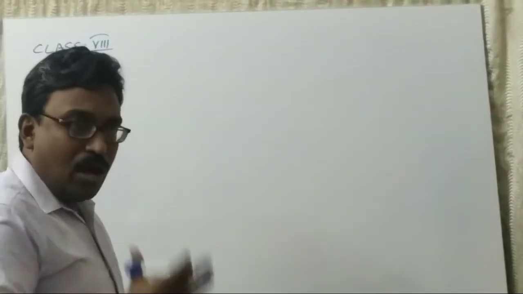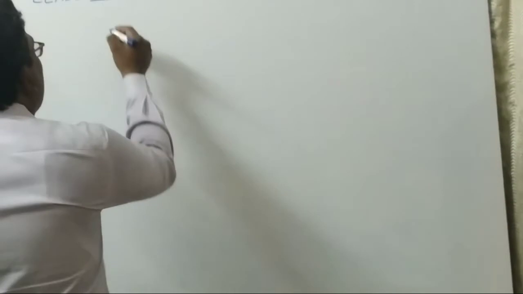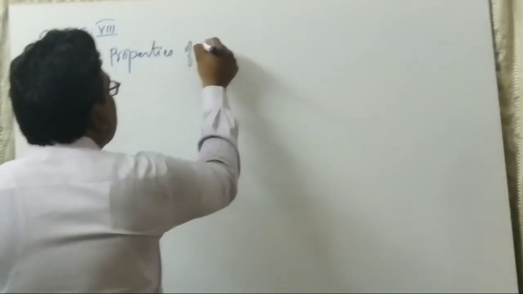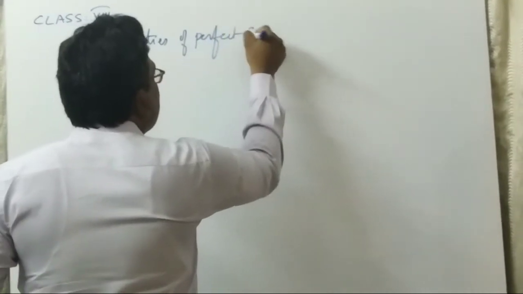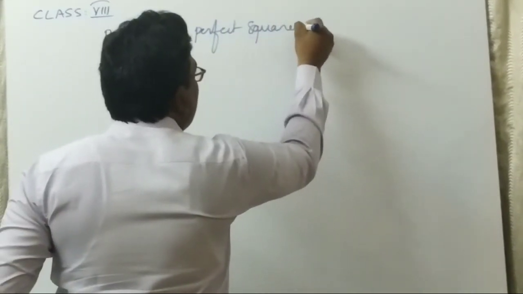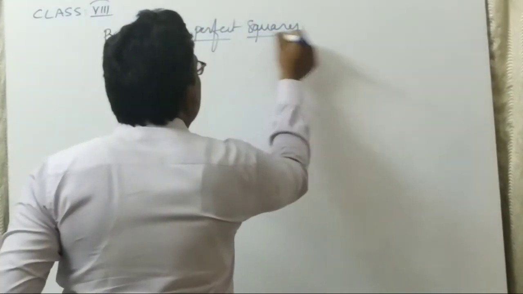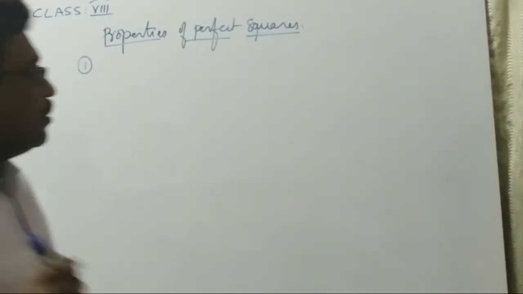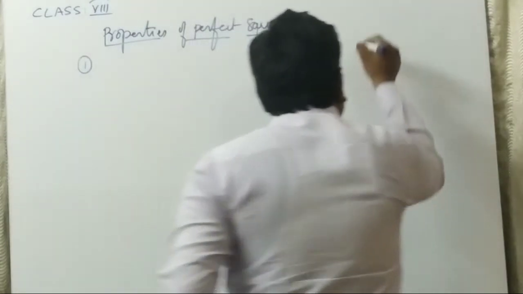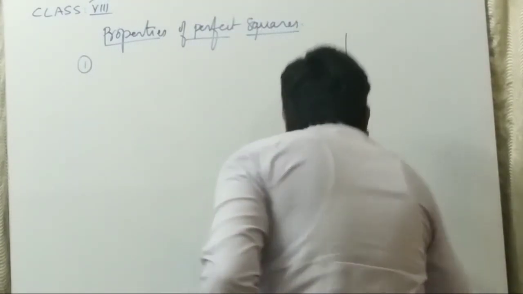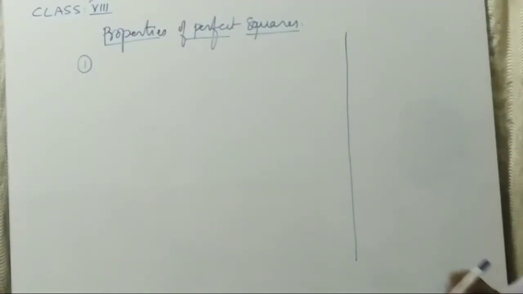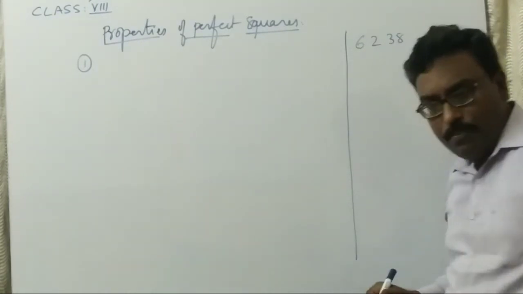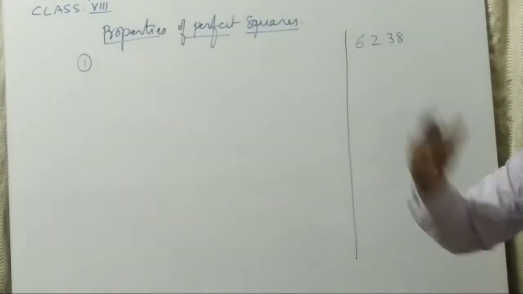Okay. Now, we'll discuss some properties of perfect squares. Okay? Properties of perfect squares. First property. Before starting the property, I'll give some questions here. 6238 is a perfect square? Which number will be?